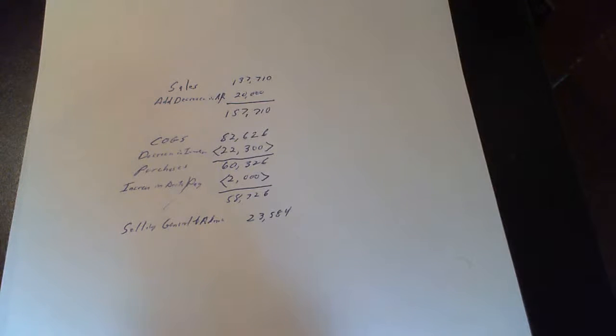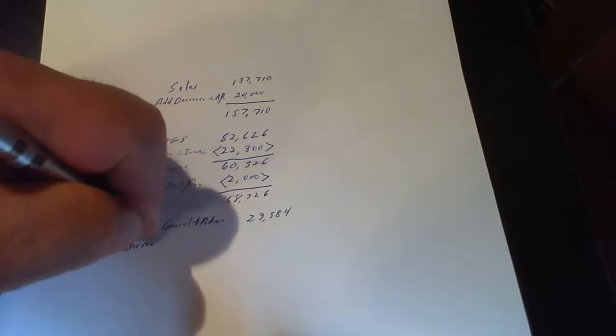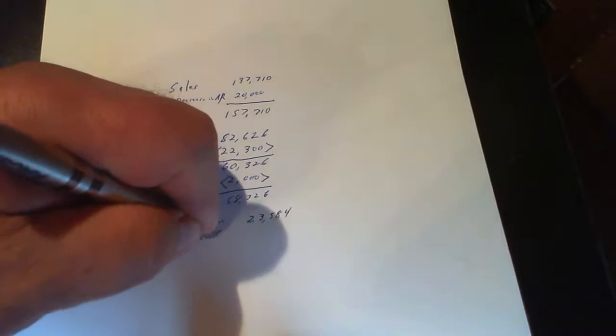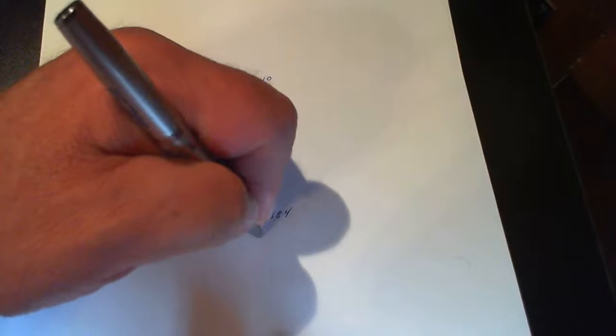We went from 1,800 to 10,100, and so the difference there is 8,300. Then we have a decrease in accrued expenses from 21,500 to 1,700, so the difference is 4,500.